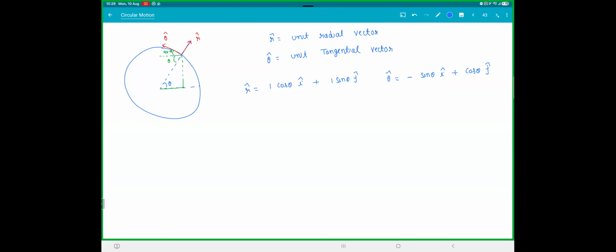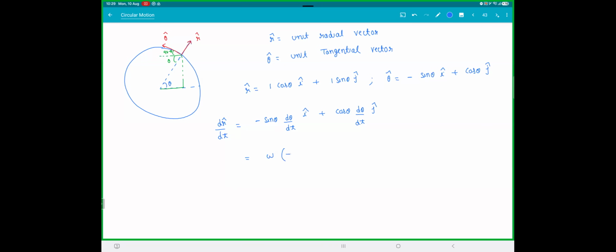Now, if I differentiate this, dr cap by dt, this becomes minus sin theta i cap. And this becomes cos theta d theta by dt j cap. d theta by dt is nothing but omega.